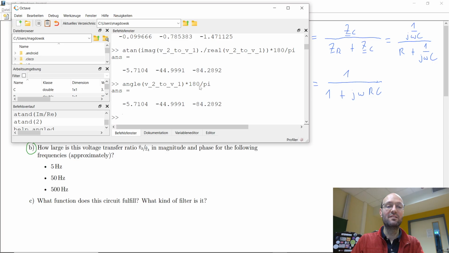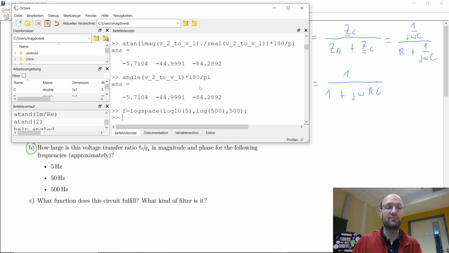So what we can easily do now in Octave here, for example, instead of using just these 3 frequencies, we could use even more frequencies and say we use some logarithmically spaced frequencies between, why not, 5 and 500, and we can extend this in a second and use 500 values.